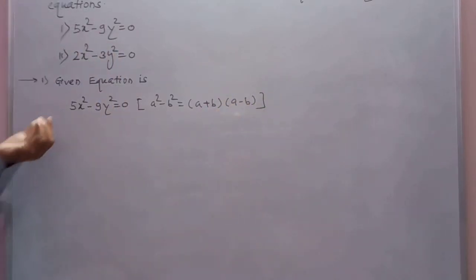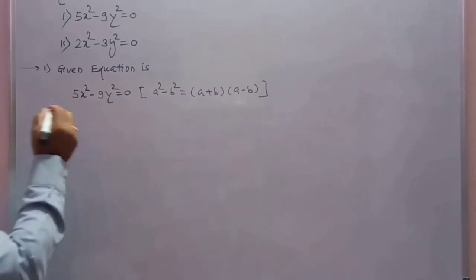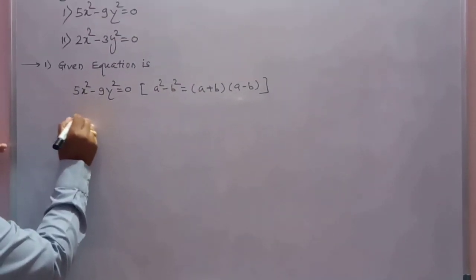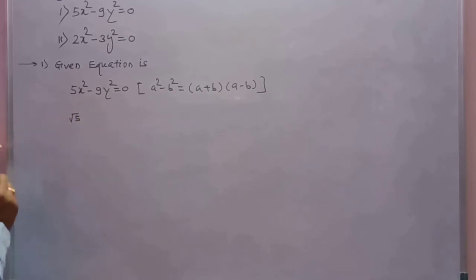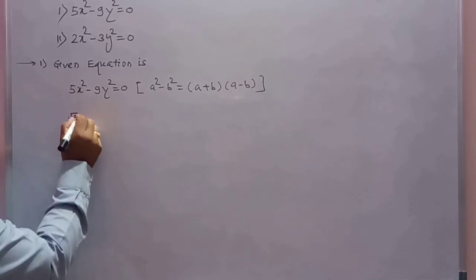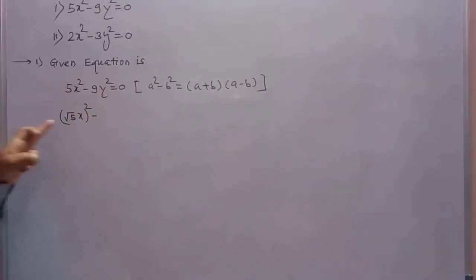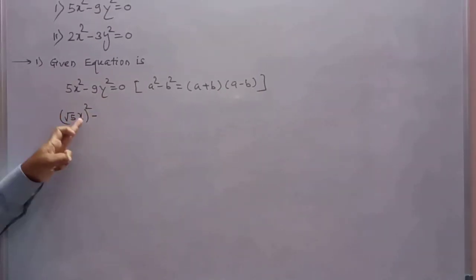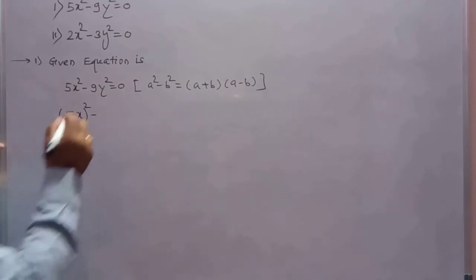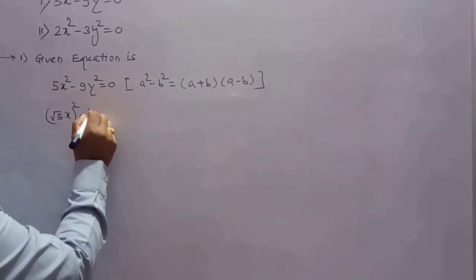Therefore, 5x square is root 5 into x, bracket square, minus 9y square: the square root of 9 is 3, so 3y, bracket square, equal to 0. Root 5 square means 5, x square means x square.